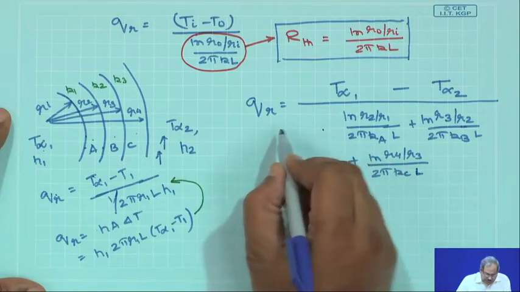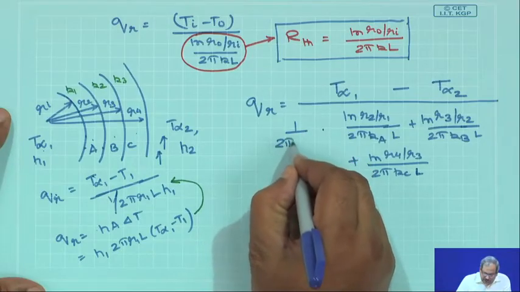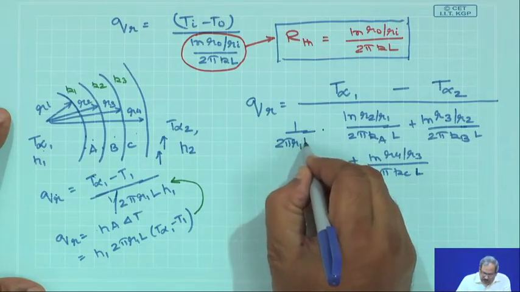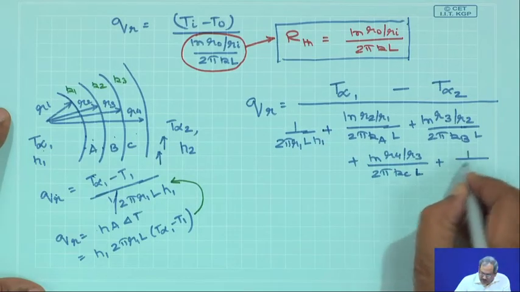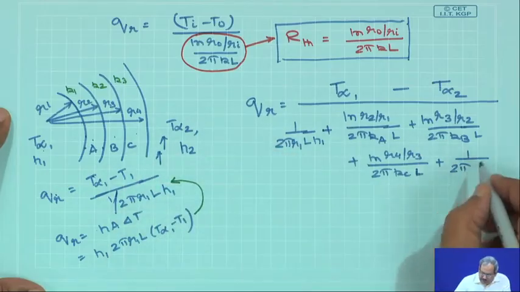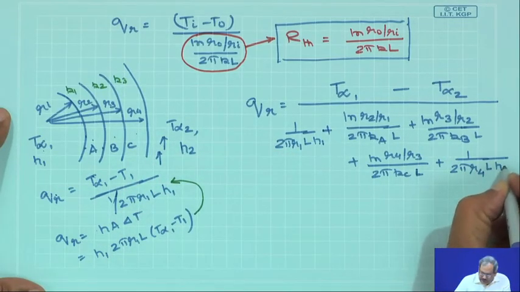So this must be added to the overall resistance: 2 pi r1 L h1 in the denominator, and over here it is going to be 1 by 2 pi, the last radius r4, L times h2.